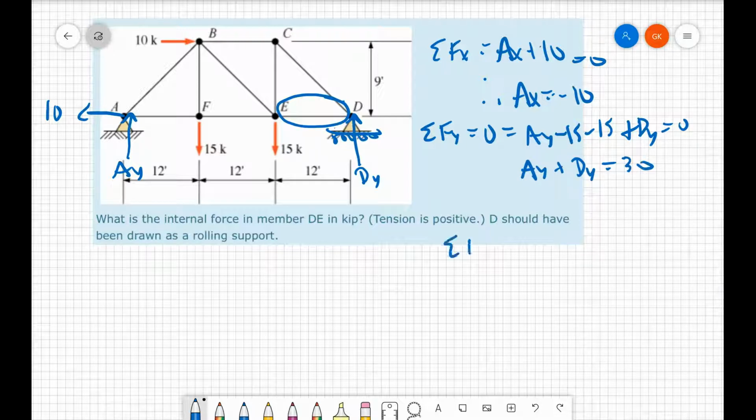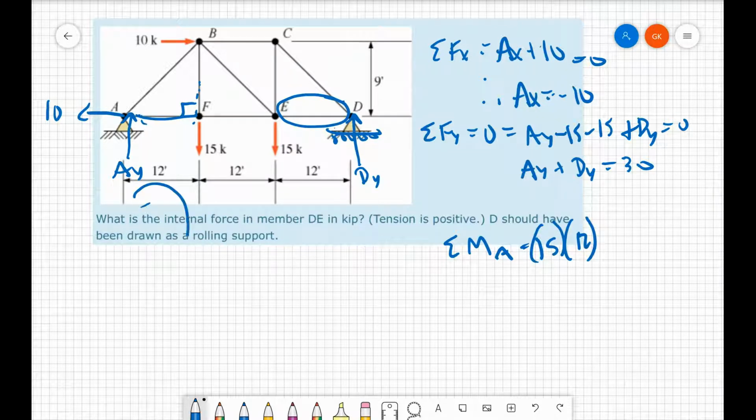And finally, sum of the moments. I'm going to choose around A. I'll choose a point that has an unknown. And that gives me 15 kips times 12. 15 times 12. And that is going clockwise.